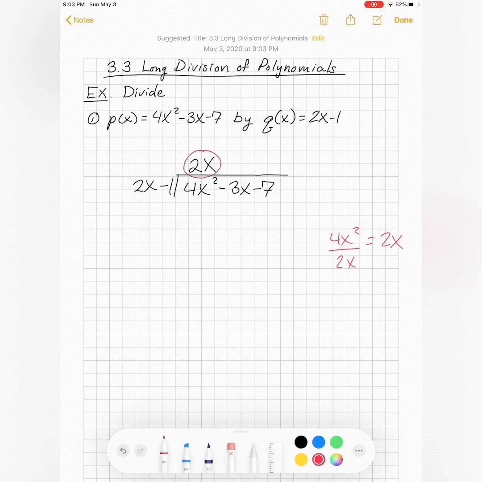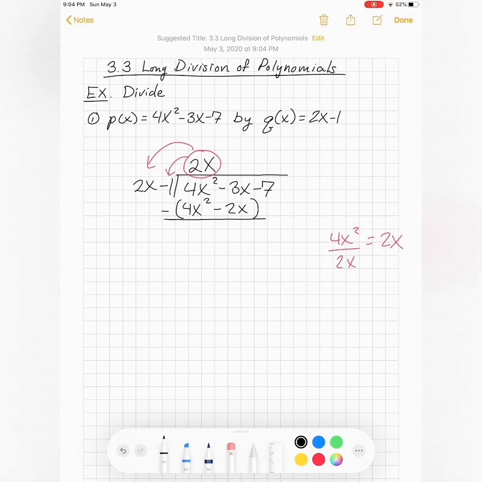Now I take that term and I multiply it down by both terms in the divisor. So that's going to give me, let's see, I'll have 4x squared minus 2x. Then I subtract that whole quantity.